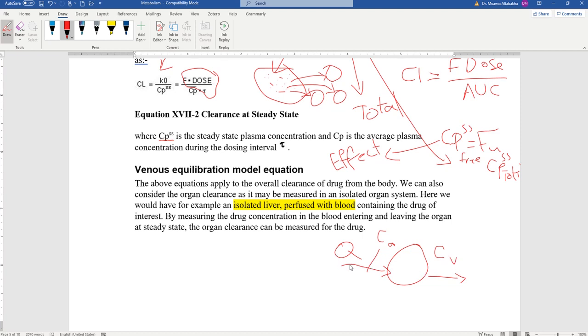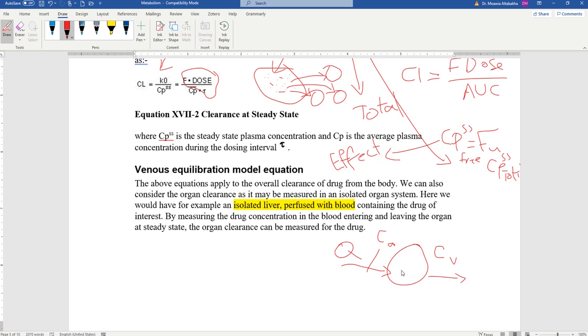Of course, what is happening here is that the organ is removing some of the drug. So this liver or this organ is removing some of the drug, and this can be measured by what we call extraction ratio.